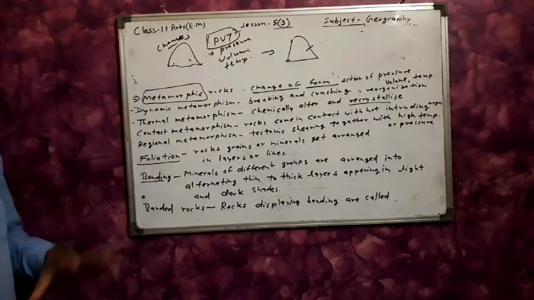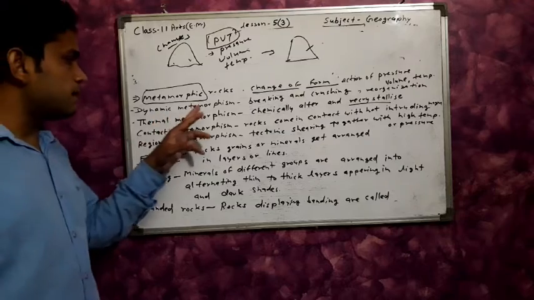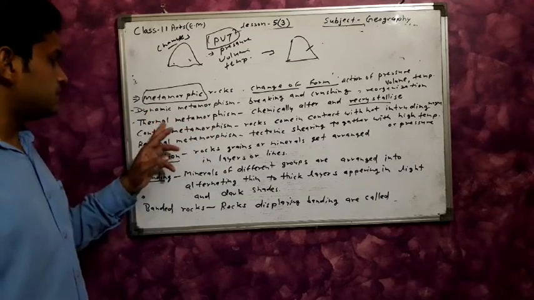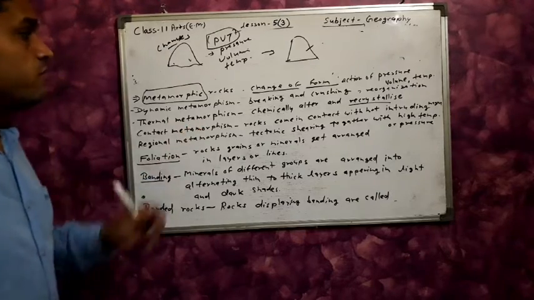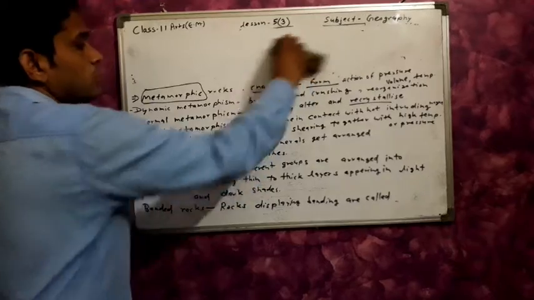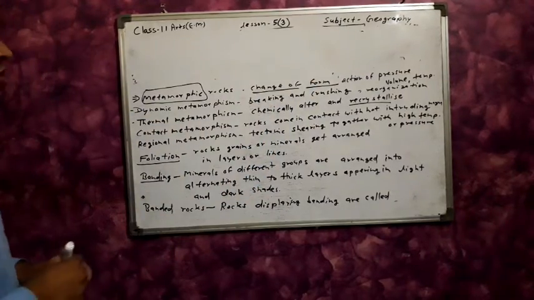The types of metamorphic rock are dynamic metamorphic rock and thermal metamorphic rock. First, the dynamic metamorphic rock. What is dynamic metamorphic rock?